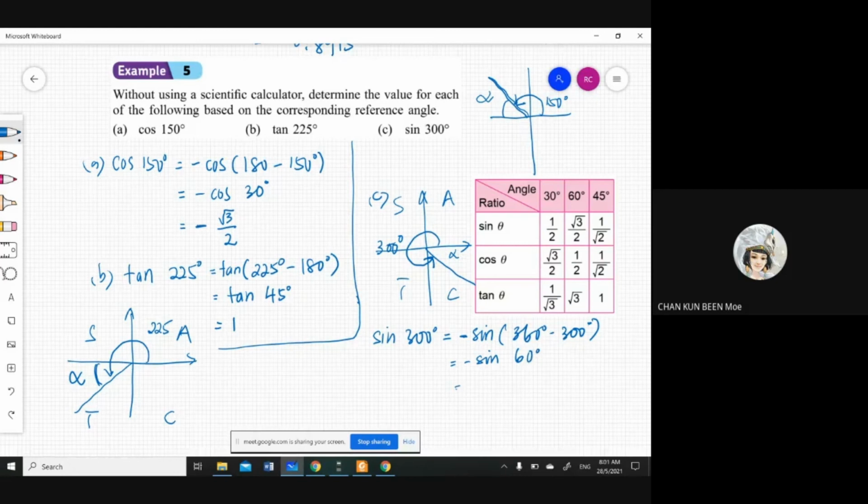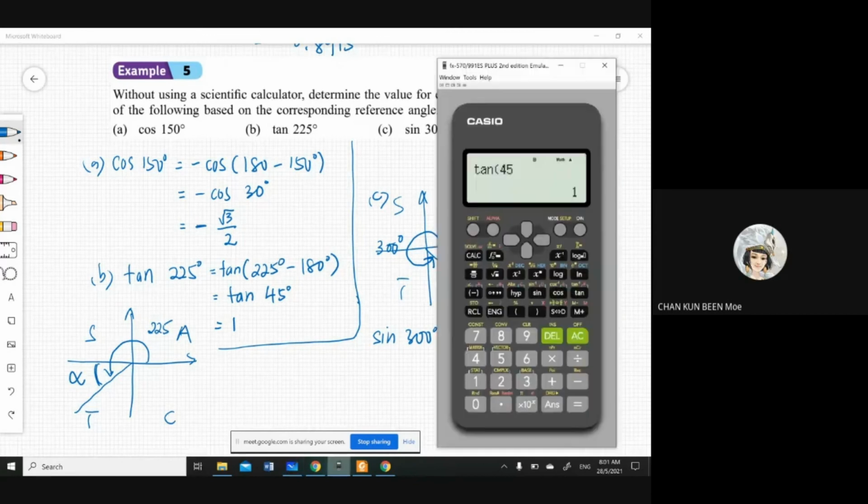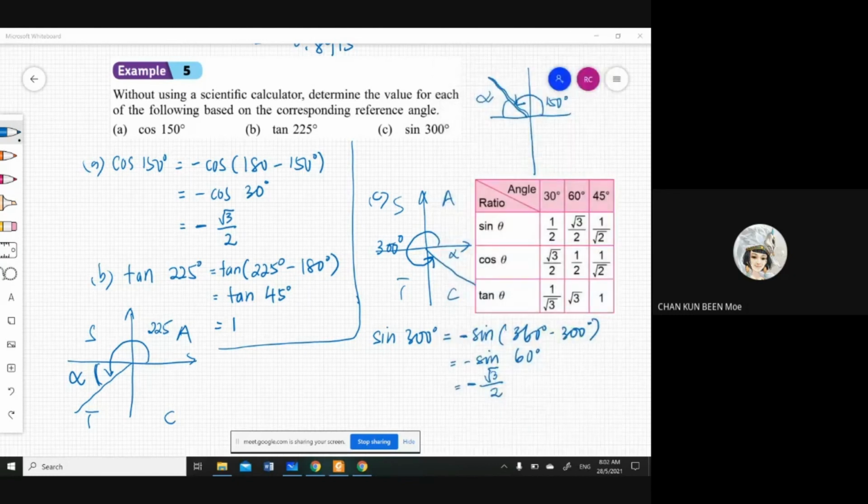So straight away you copy the negative, then refer the sine 60 to the table. Sine 60, how much is it? Root 3 over 2. Okay, so you also can check sine 300. Sorry, sine 300, negative root 3 over 2.